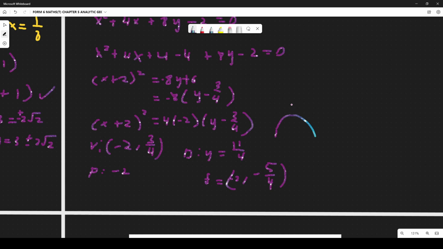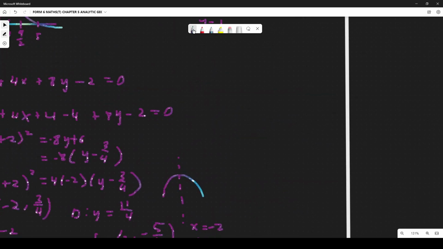And the axis, since this is all happening in this line, x equals negative 2. That'll be the axis of symmetry. Just now I mentioned, but I'll mention it again. I'll just use abbreviations because we don't have a lot of space. AOS, axis of symmetry.